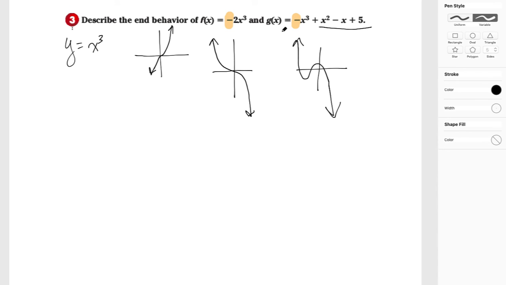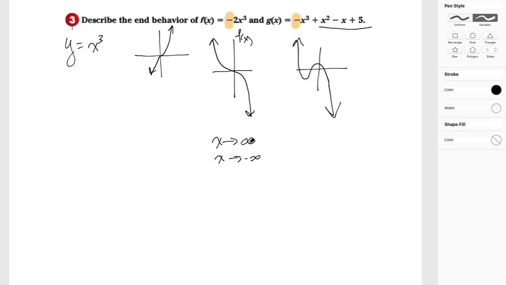But again, this negative gives us this rotation over the x-axis where we start high and we end low with a cubic polynomial. And so with that, we have the information we need. So what is happening? Let's say this is for f of x. As x approaches positive infinity and as x approaches negative infinity, that's what we're thinking about.